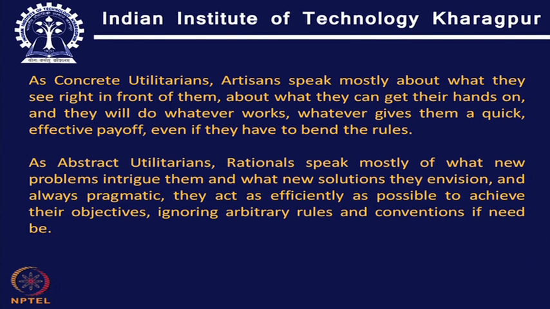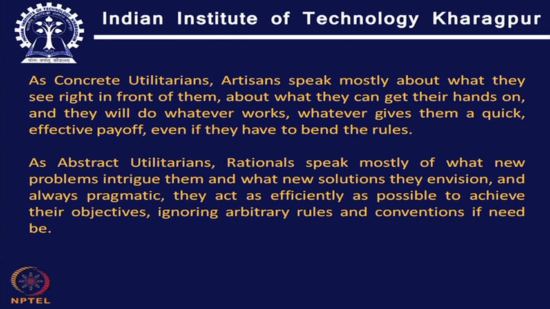As concrete utilitarians, artisans speak mostly about what they see right in front of them, about what they can get their hands on, and they will do whatever works, whatever gives them a quick, effective payoff, even if they have to bend the rules.